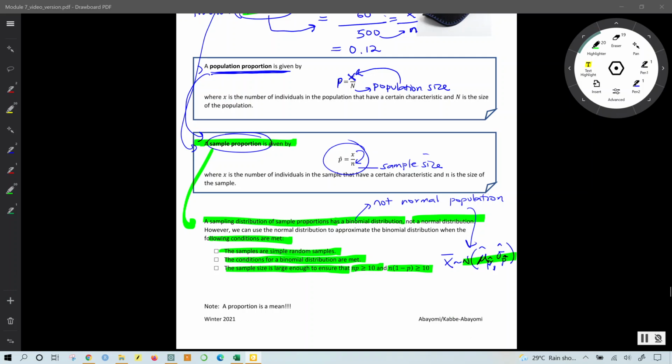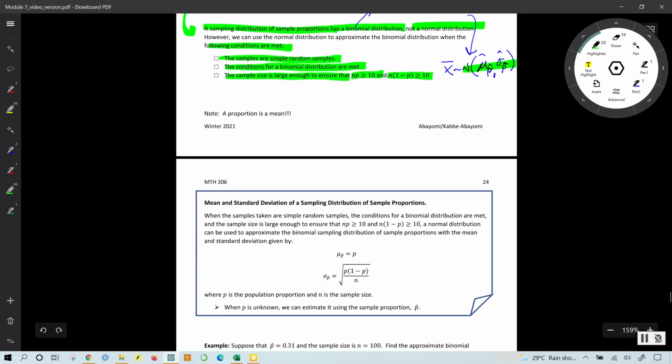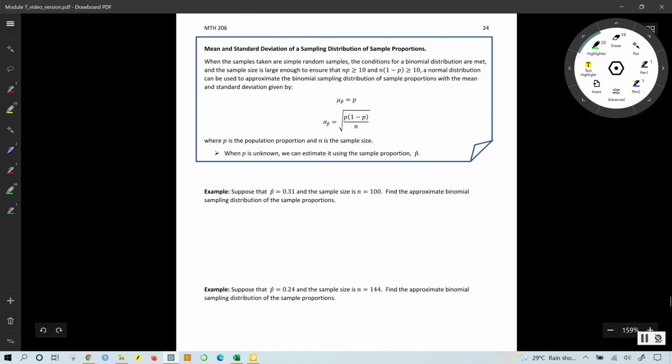In order to further encourage our understanding of this, let's go straight into some interesting details. First of all, what we have said so far is that as long as these two conditions are met, we can approximate the binomial sampling distribution of the sample proportions by the normal distribution. If we're going to use a normal distribution, we're going to need two settings.